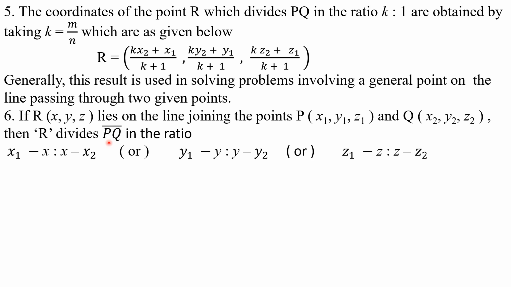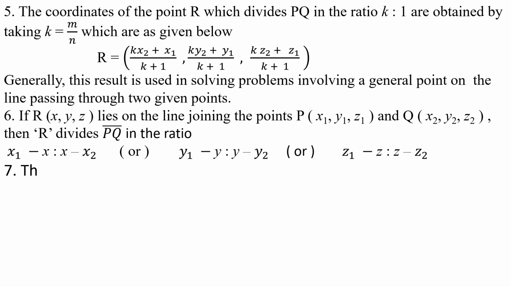So we use this formula or this formula or this formula to find the ratio. Here 3 points will be given. 3 points are collinear points. In that case, to find the ratio in which the point R divides the line segment PQ, we can use this formula or this formula or this formula. In all these 3 cases, we get the same answer. Okay, my children, understood this point?